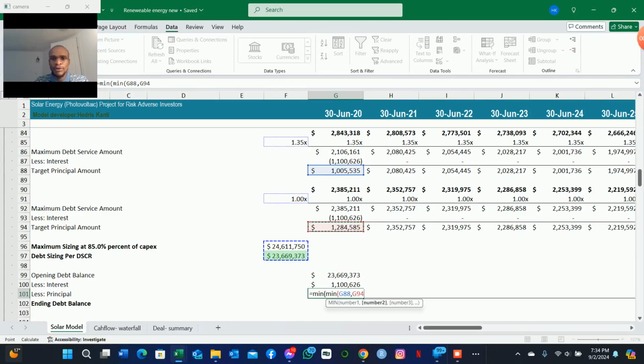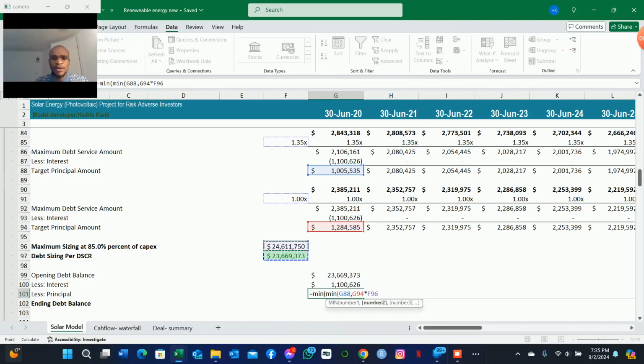We have these two, the minimum of those amounts, and then we will multiply those by the ratio of the maximum debt size at 85% to the debt sizing for the debt service coverage ratio.